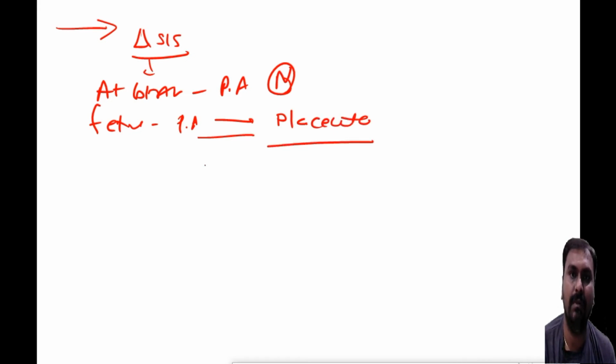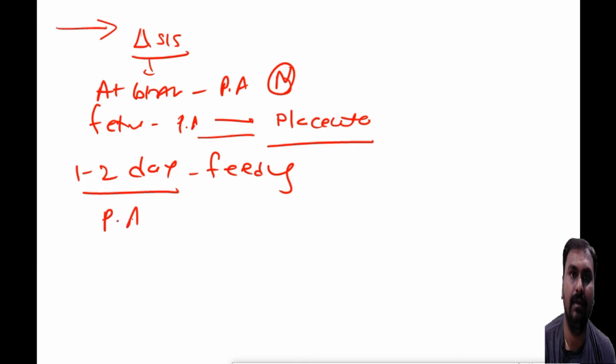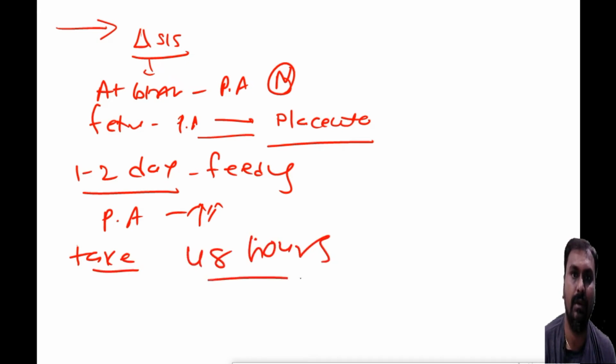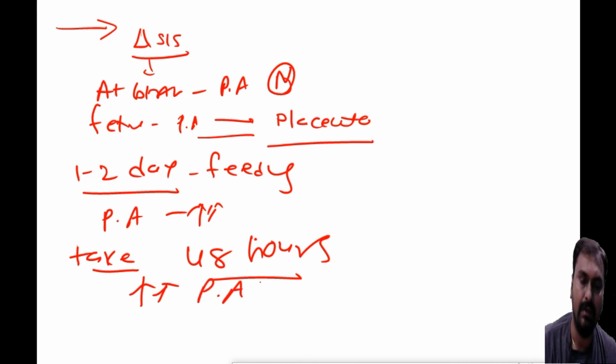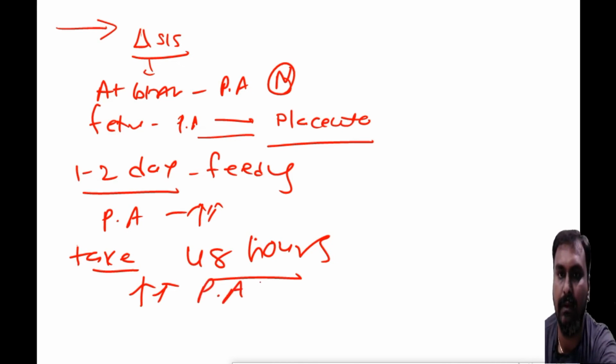So there will be a normal phenylalanine level, but 1 to 2 days after starting feeding, the phenylalanine level will be high. So always when we want to take the blood dry spot, we take it after 48 hours. That will be suggestive of increased phenylalanine level. So this is a very important point.